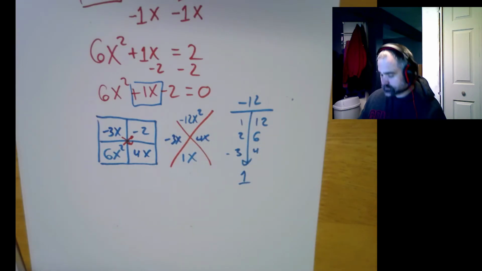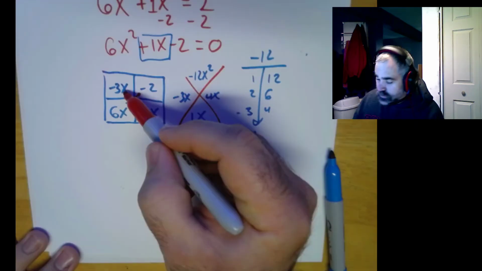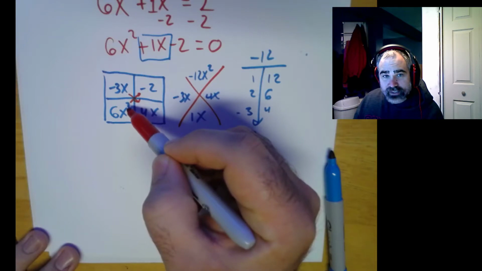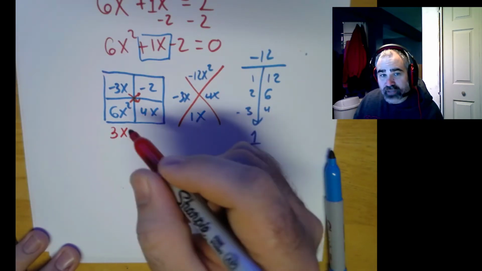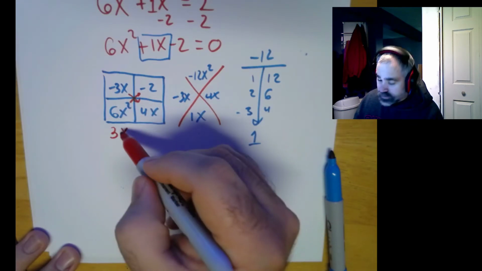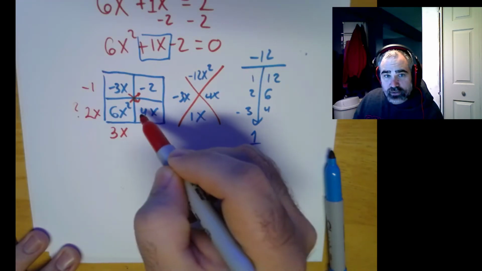And once you have that, that's the hard part. Now we just got to find the greatest common multiples. So the greatest multiple that goes into 3x and 6x squared is going to be 3x. Remember, the outside multiplies to be the inside. So 3x times what gives you 6x squared? It's 2x. 3x times negative 1 gives you negative 3x. 2x times 2 gives you 4x.